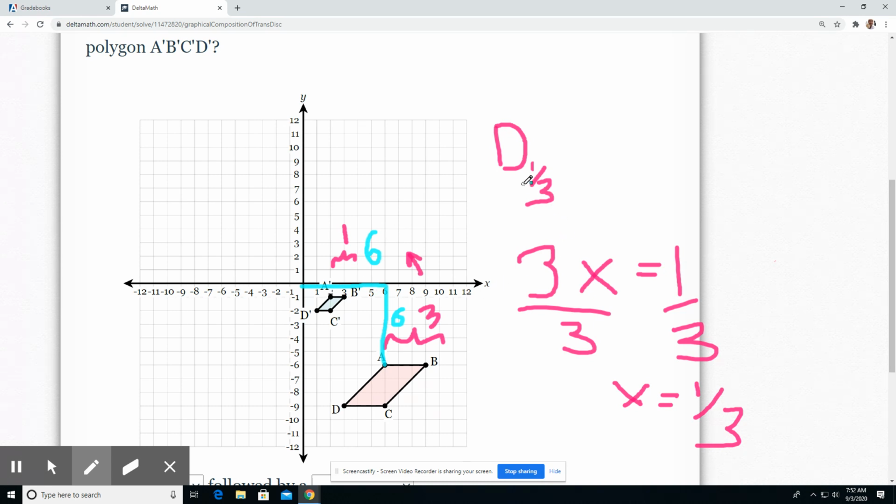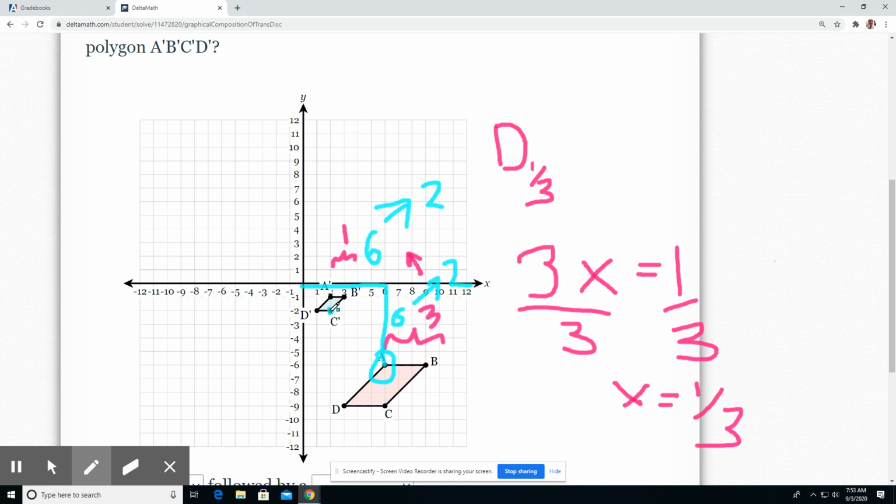If I had that scale factor 1/3 applied to it, then that 6 would change into 2, and same thing for the other 6. 6 times 1/3 is 2. So this corner right here lands at 2, 2 from the origin. So there's 1, 2, there's 1, 2. So that's where that A point is.